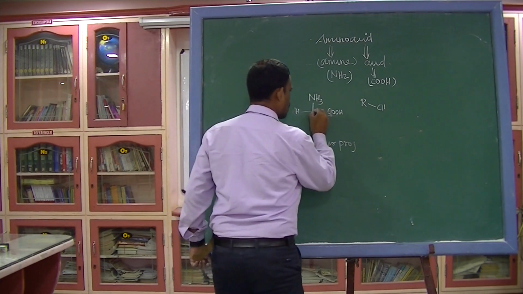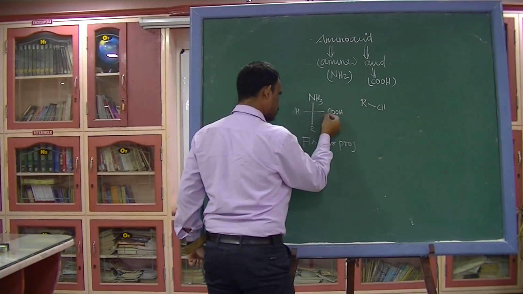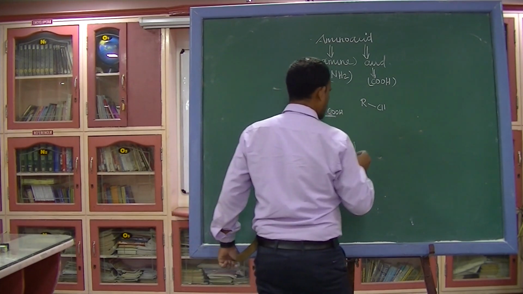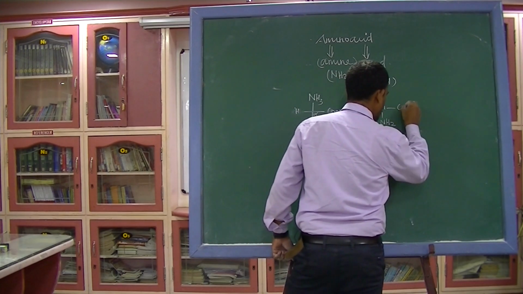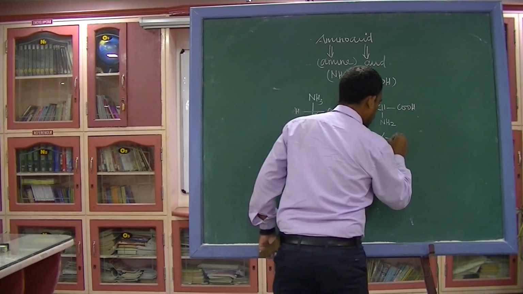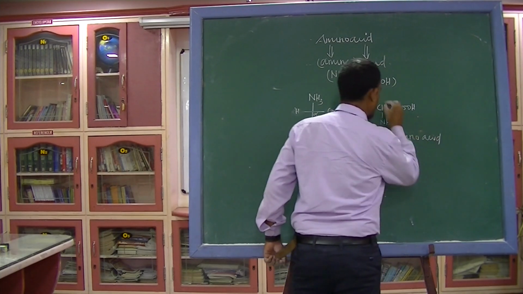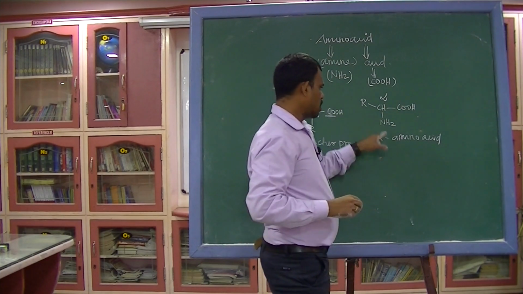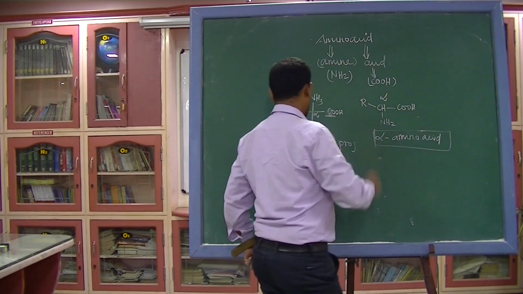This is the carbonyl group. The carbon next to it is called the alpha carbon. So these are called alpha amino acids, because the NH2 is attached to this alpha carbon.